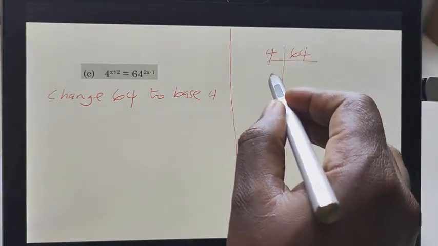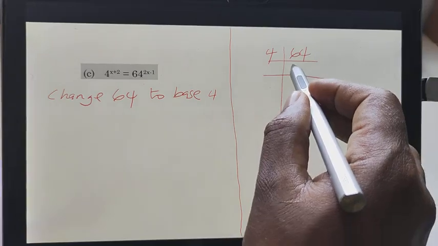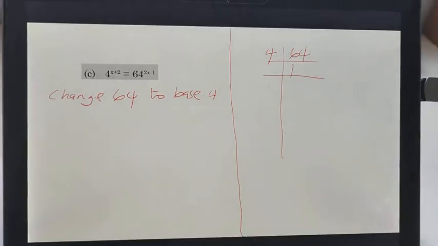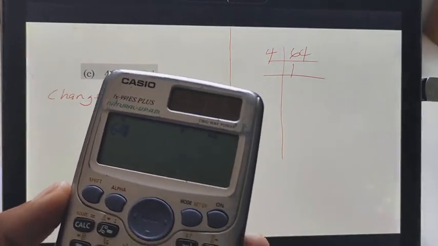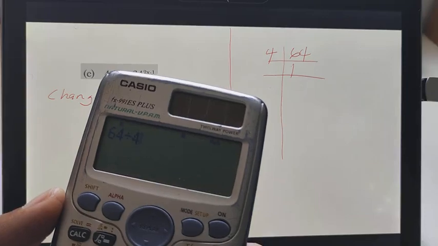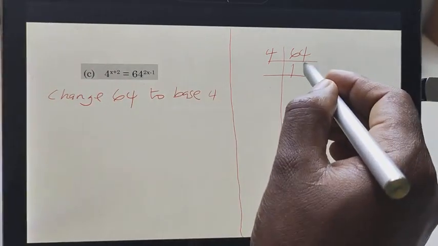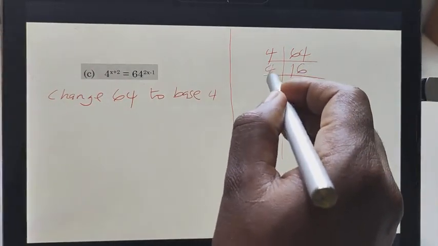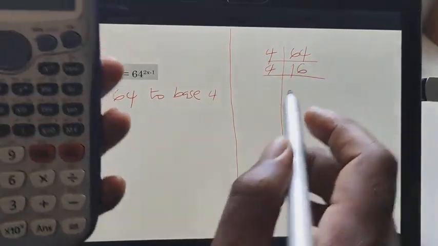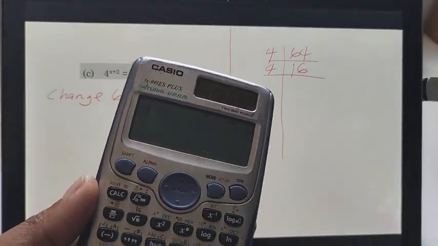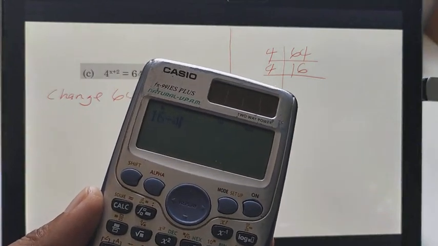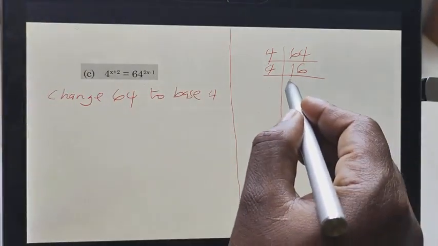Okay, so 4 into 64, that's 1. 64 divided by 4, that's 16. 4 into 16, 16 divided by 4, that's 4.